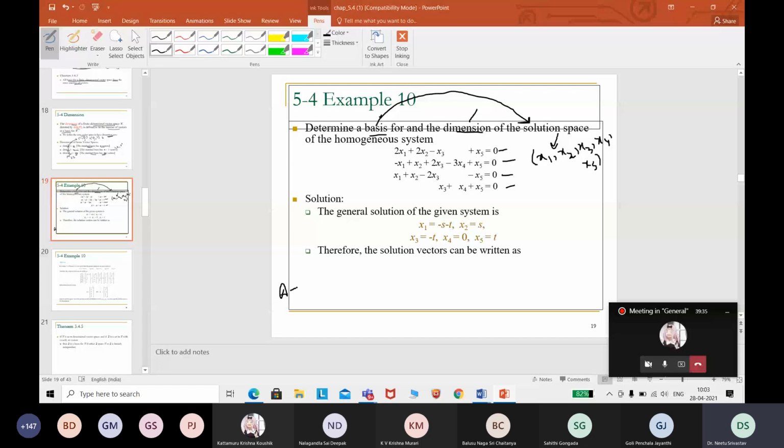A is given to you as, just write down the coefficient matrix quickly. I hope people have started this.